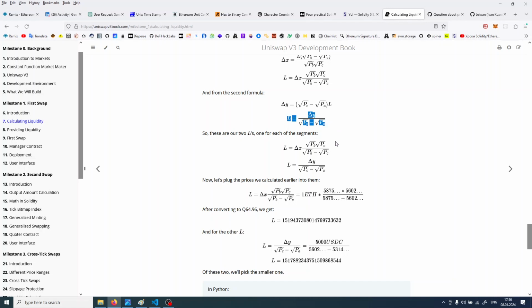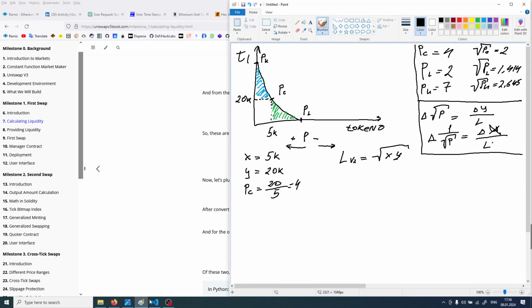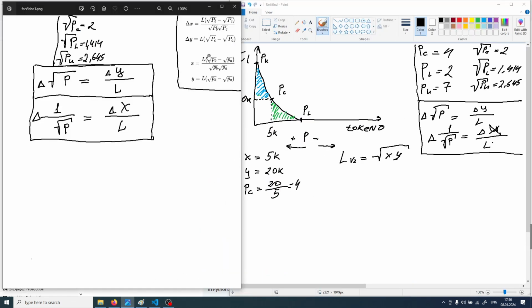First and second formula. So we use this formula. In the book we can see that delta x and delta y are used.